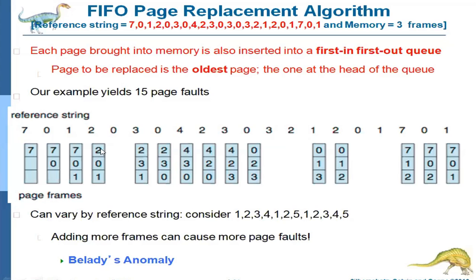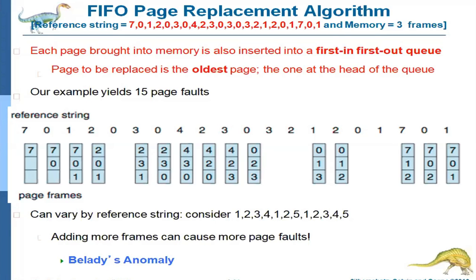So which page can be swapped from main memory to disk? Here which concept will we use? FIFO concept, that means first in, first out. See here, which is the first one? 7.